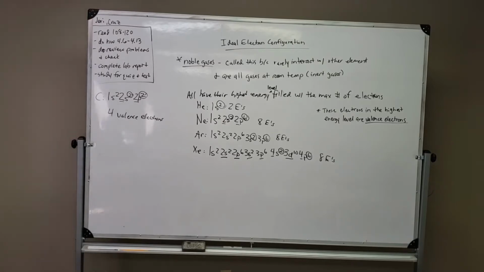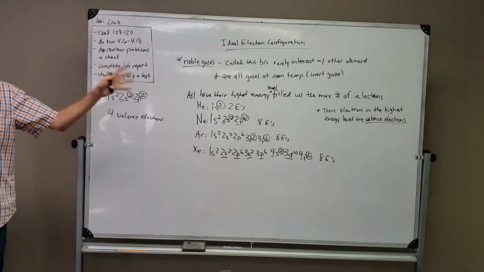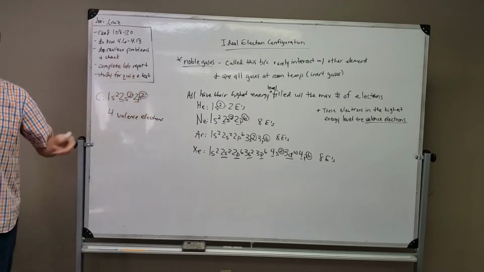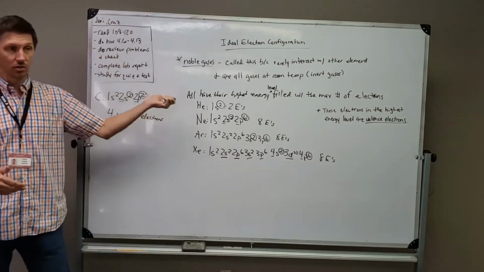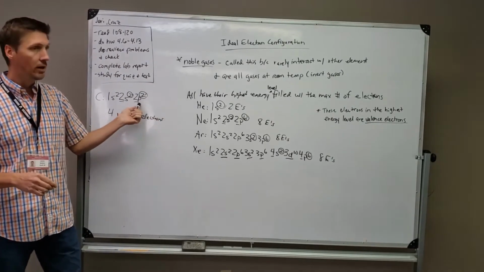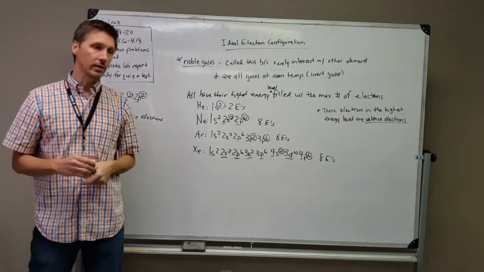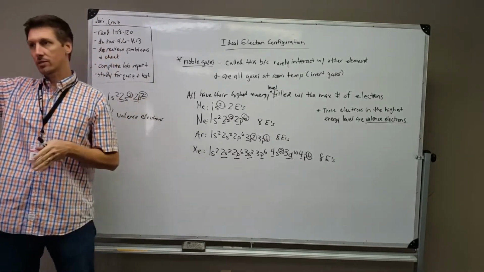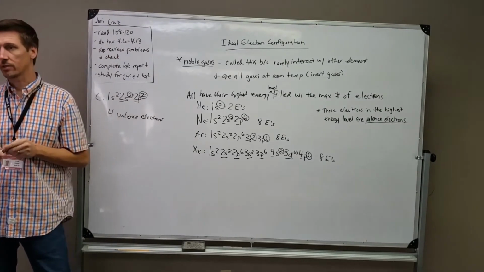So for these valence electrons, it turns out that these are really what determine the chemistry for a particular element. The reason that an element reacts the way that it does is due to these valence electrons out here. And as it turns out, your periodic table is organized so that the elements, based on the column that they're in, have the same number of valence electrons.